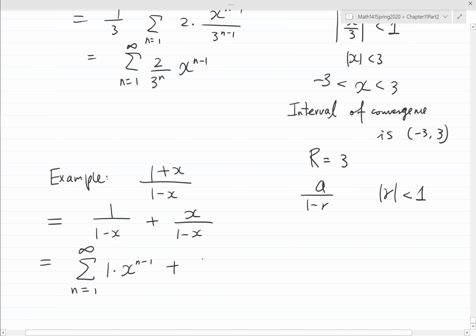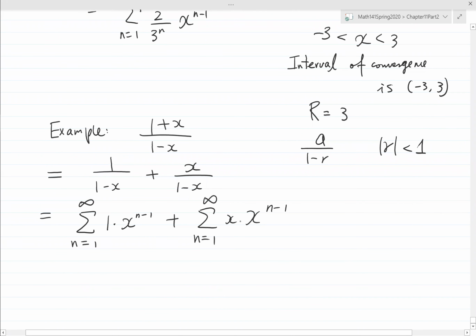Now the second one will be x times common ratio x to the power n minus 1, n from 1 to infinity. So this will be the sum from n equals 1 to infinity of x to the power n minus 1, plus the sum from n equals 1 to infinity of x to the power n.